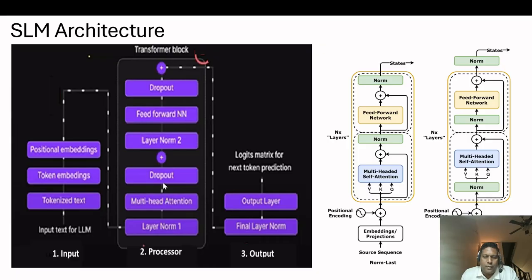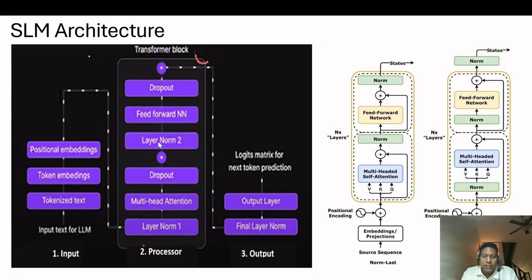Once it comes out of multi-head attention, we drop out some values, then there's a layer normalization, and a residual connection where we just add the input, and then it goes into the feed-forward network.